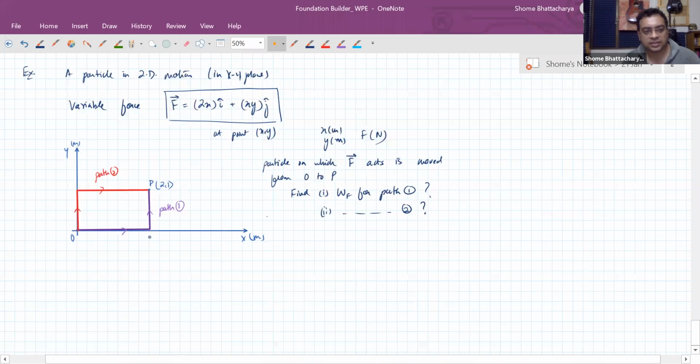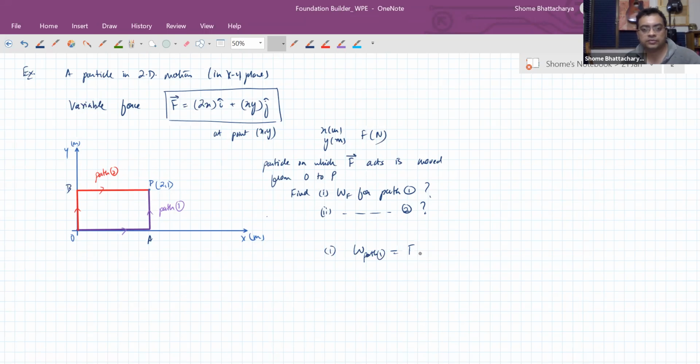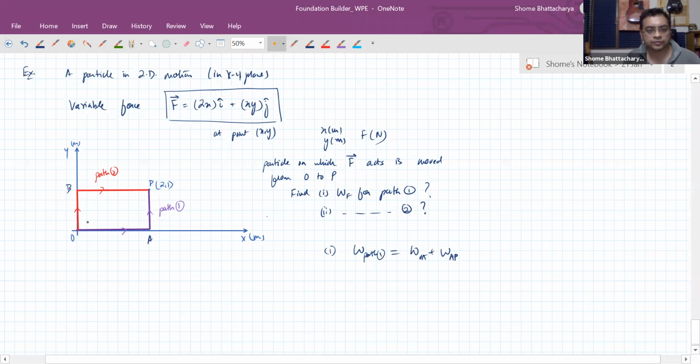Okay, so let's say this point is A now and this point is B now. So work done by path one, we will do it as work done from O to A plus work done from A to P. Now when you are at a point like this, what are the coordinates of A? 2, 0, and here the coordinates are x, 0.